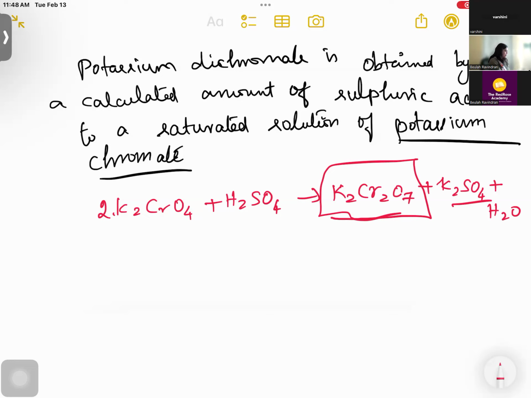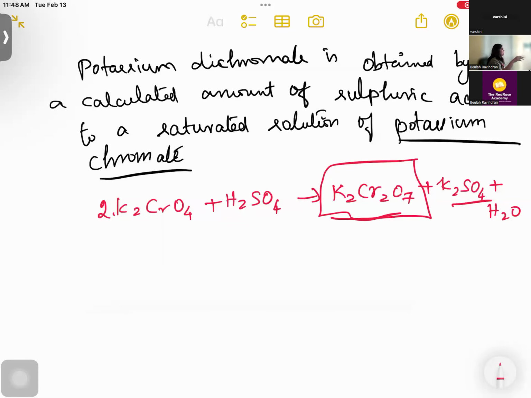Is it clear? But initially you are not given directly the potassium chromate to get potassium dichromate. Potassium chromate is not a stable compound. It can be prepared only from sodium chromate. From the sodium chromate, we can convert to potassium dichromate. Sodium is always the easy one, easily mingled with the chromate solution when compared to potassium.